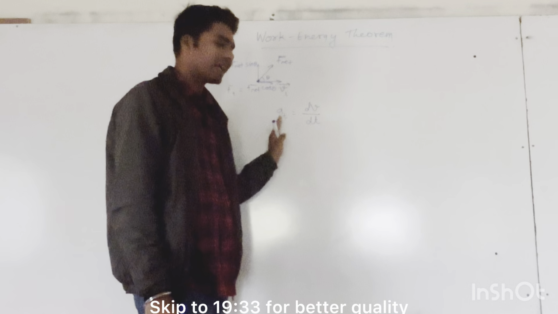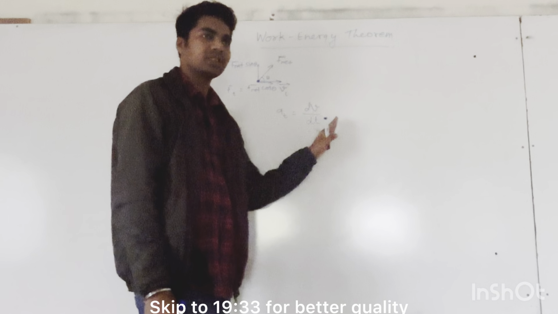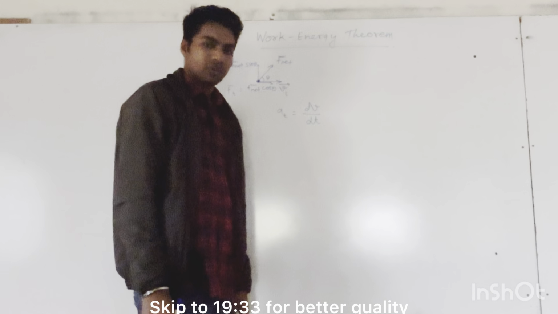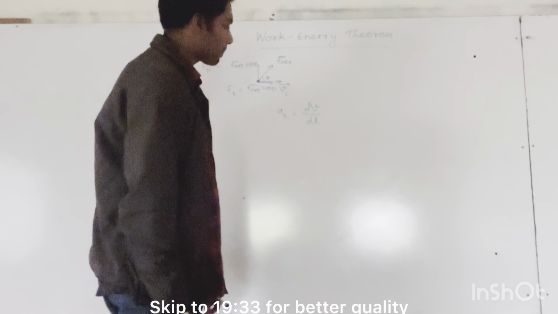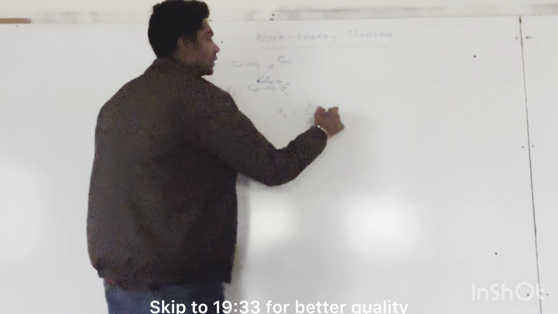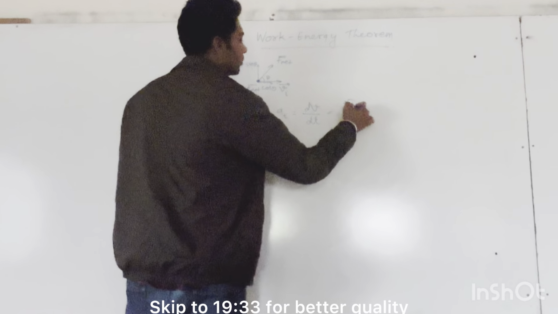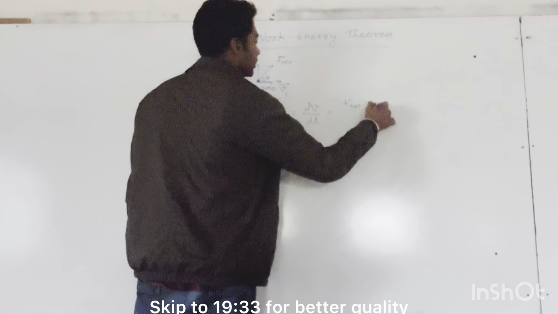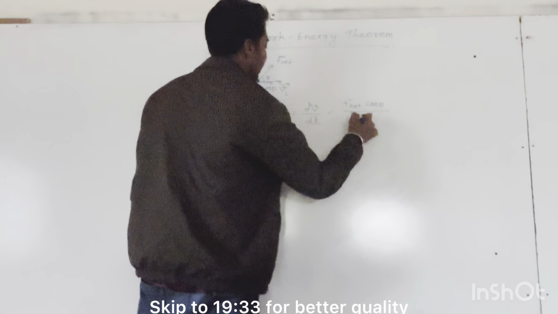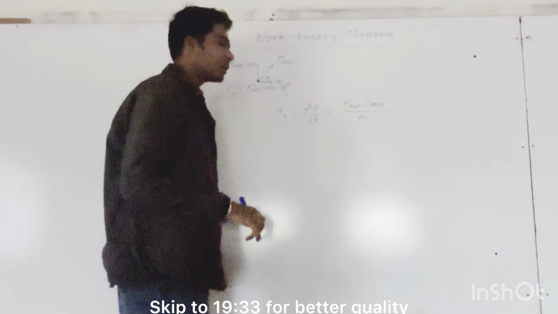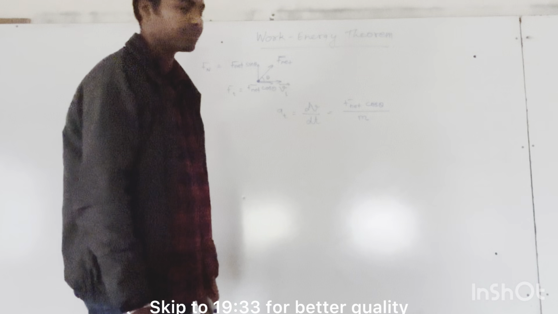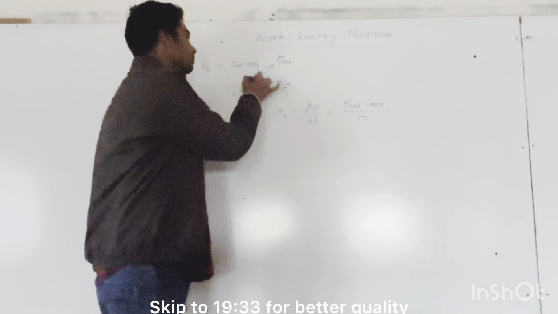What that tangential acceleration does is change the magnitude of the velocity of the particle. So this will be equal to F net cos theta divided by the mass of the particle, which I am assuming as m.